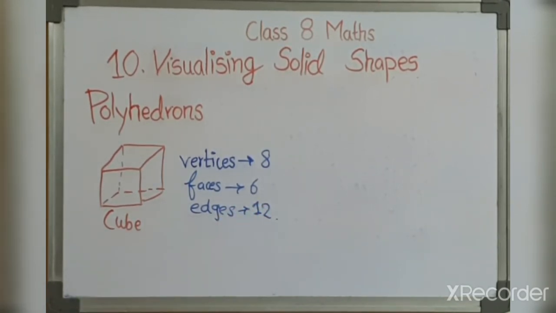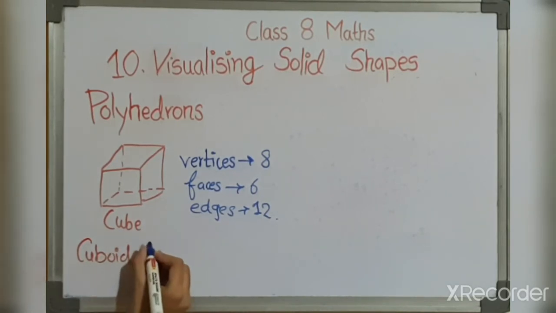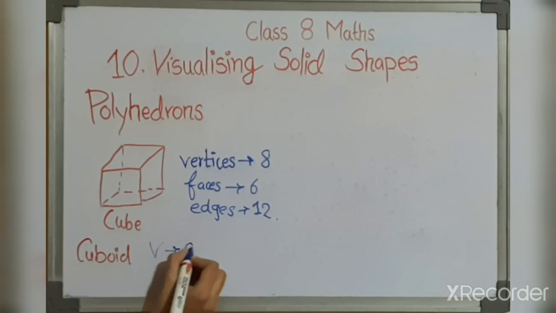Now the cuboid is also a polyhedron. Let's see how many vertices, faces and edges it is having. Cuboid. So cuboid vertices are 8, faces are 6 and edges are 12.